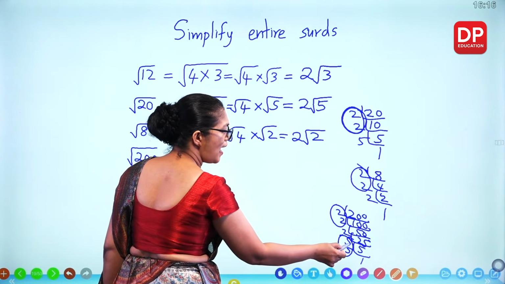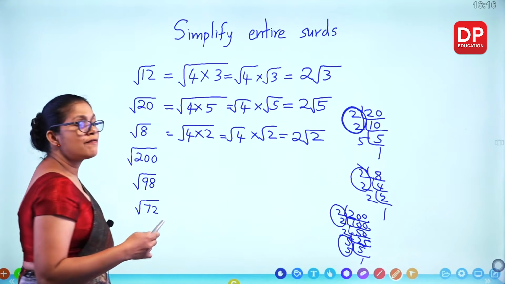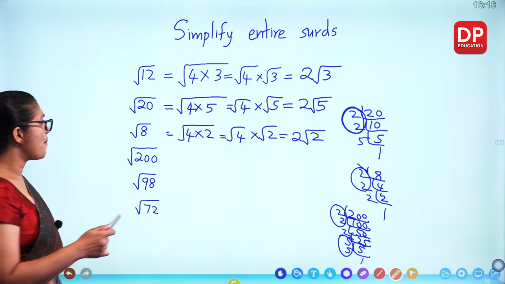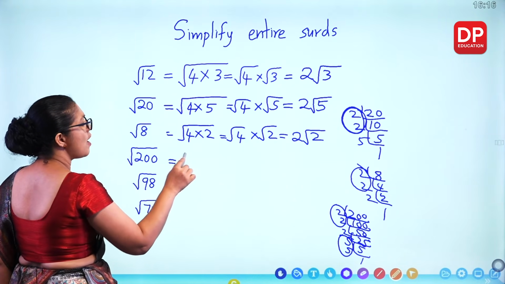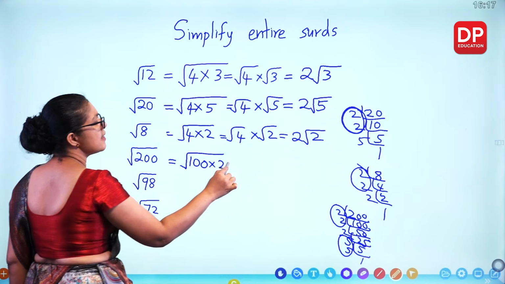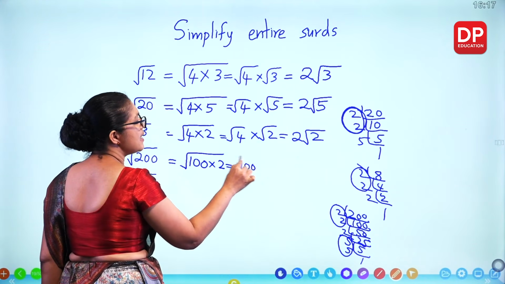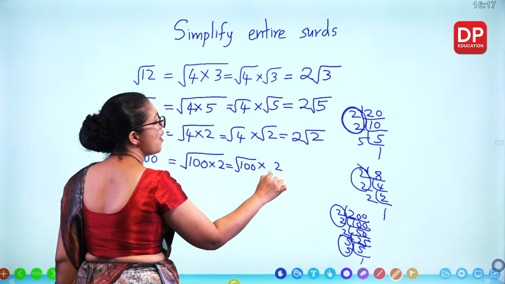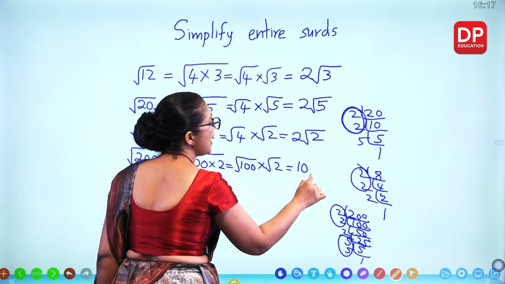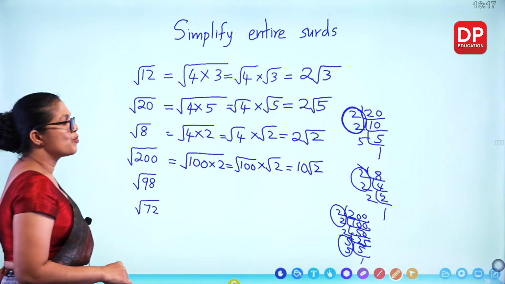This is 25, this is 4. 25 times 4 is 100. 100 is a square number. So I can write 200 as 100 times 2. Then we can write down separately square root of 100 into square root of 2. Square root of 100 is 10. You get 10 root 2.